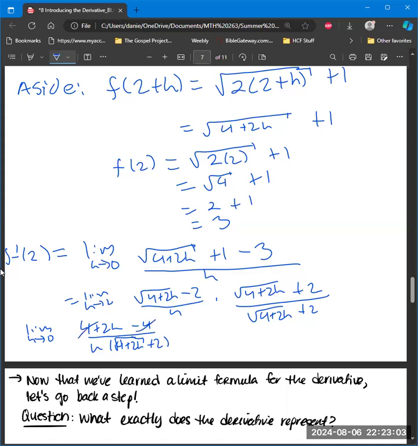And so we're going to get the limit as h goes to 0 of 2h over h times root 4 plus 2h plus 2. The h's will cancel. We'll be left with 2 over root 4, which is 2, plus 2, which is 2 over 4, which is 1/2.